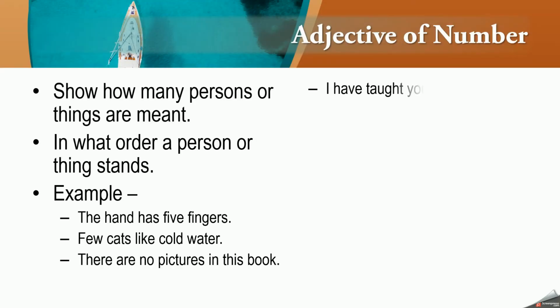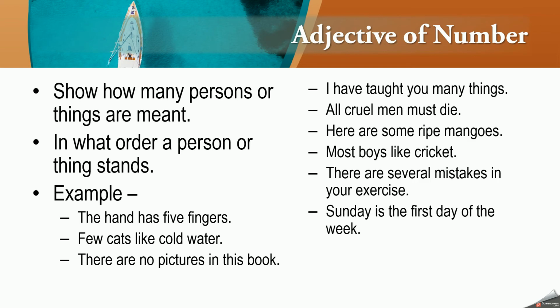Now these are a few more statements, and let's try to indicate the adjective of number here. 5, few, there are no pictures. I have taught you many things. All cruel men must die. So all becomes your adjective of number, whereas cruel becomes the adjective of quantity.